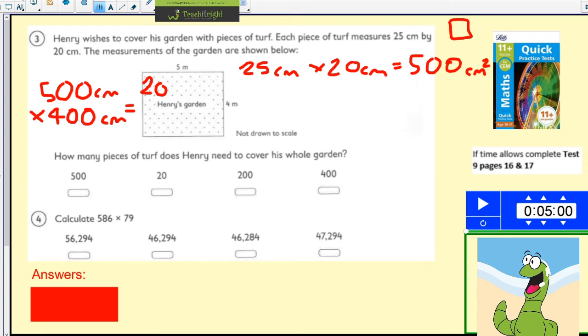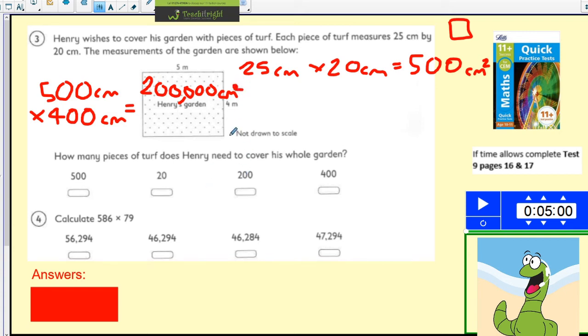So I've got to do 500 times 400, which is going to be 200,000 centimeters squared.